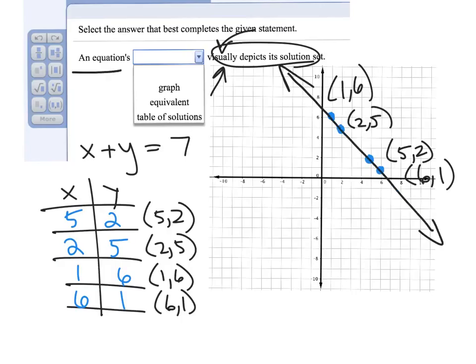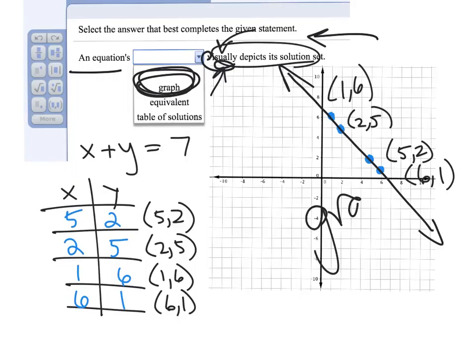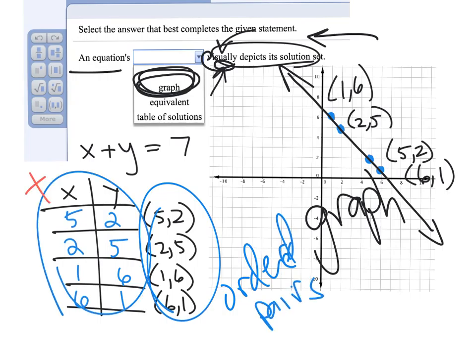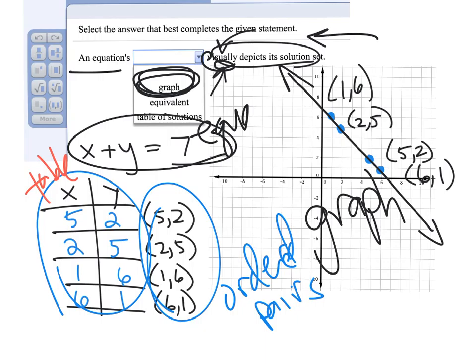So an equation's graph visually depicts the solution. So this is called the graph. All right. Now these right here are called the ordered pairs. This right here is called your table. And then lastly, this right here is called your equation.